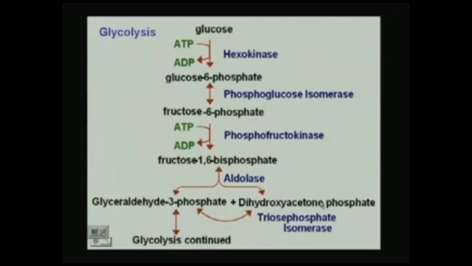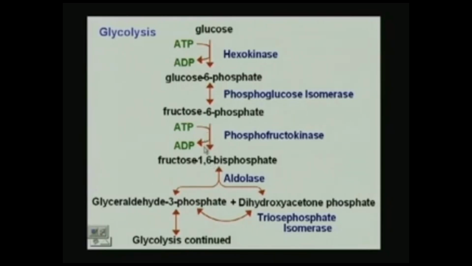So we need an isomerase that is going to transform our dihydroxyacetone phosphate to glyceraldehyde 3-phosphate.